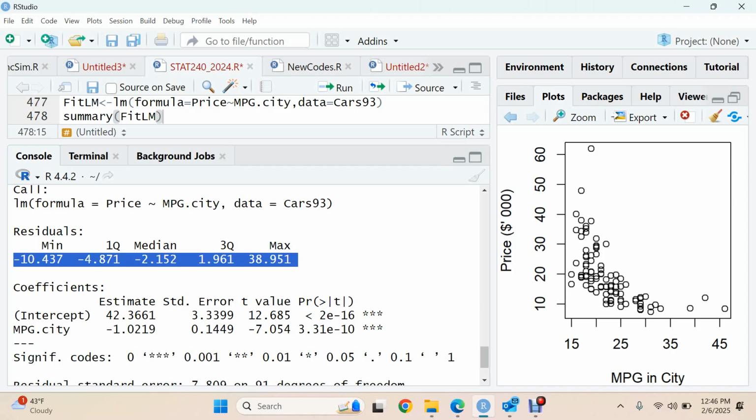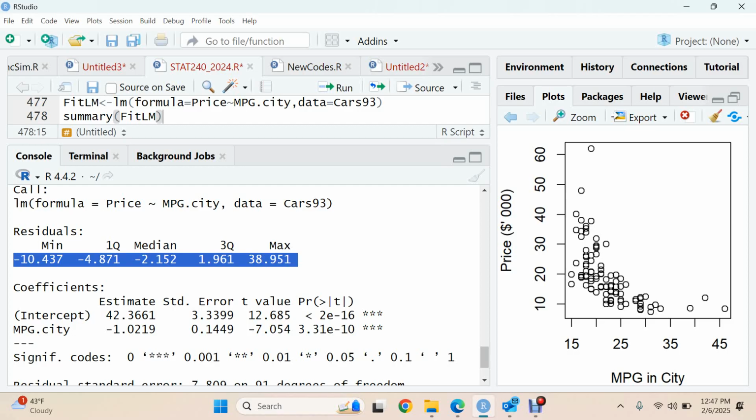Okay, let's move on. Then the coefficients. Remember that in 223, you talked about y. So you have a model y is equal to beta naught plus beta 1x plus epsilon, right? This is a random model because we assume epsilon comes from a normal with mean 0 and variance sigma squared.